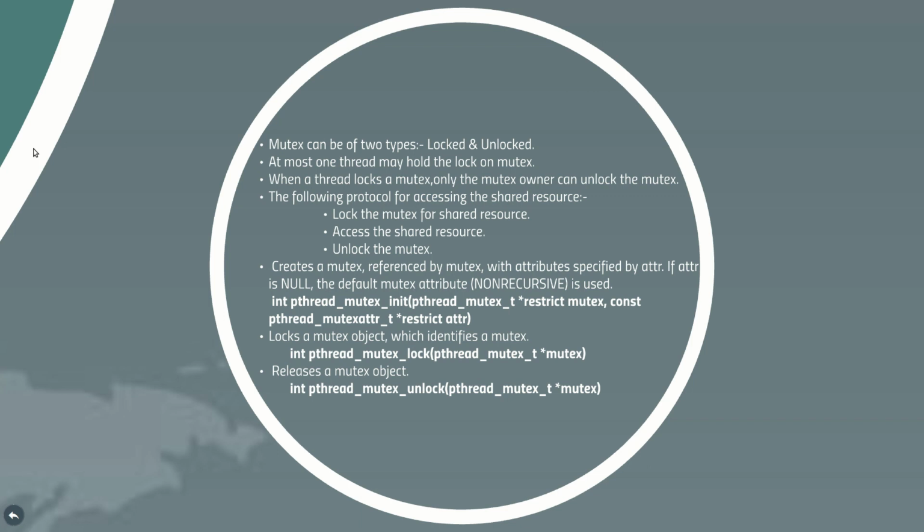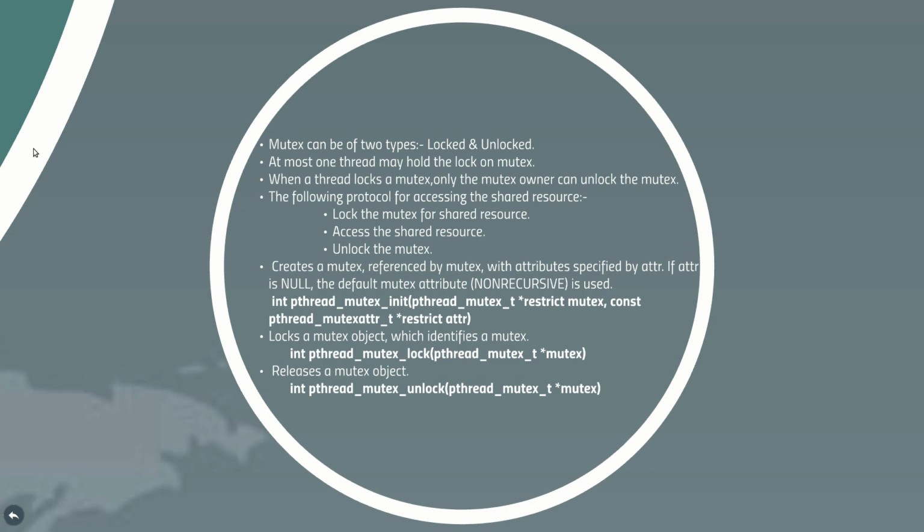You can lock the mutex using pthread_mutex_lock. You can unlock the mutex object by using pthread_mutex_unlock. And you can also destroy it. If you are initializing, you need to destroy it also in the main thread.